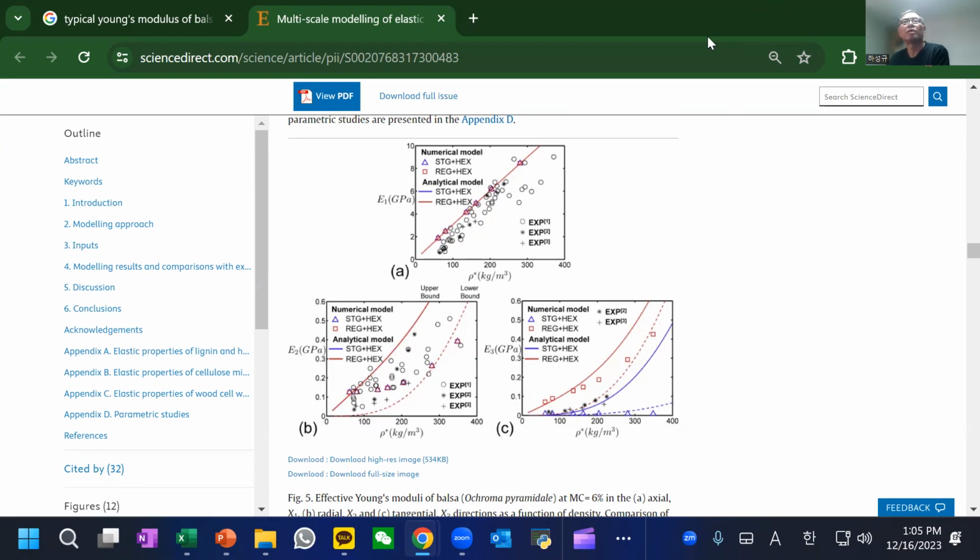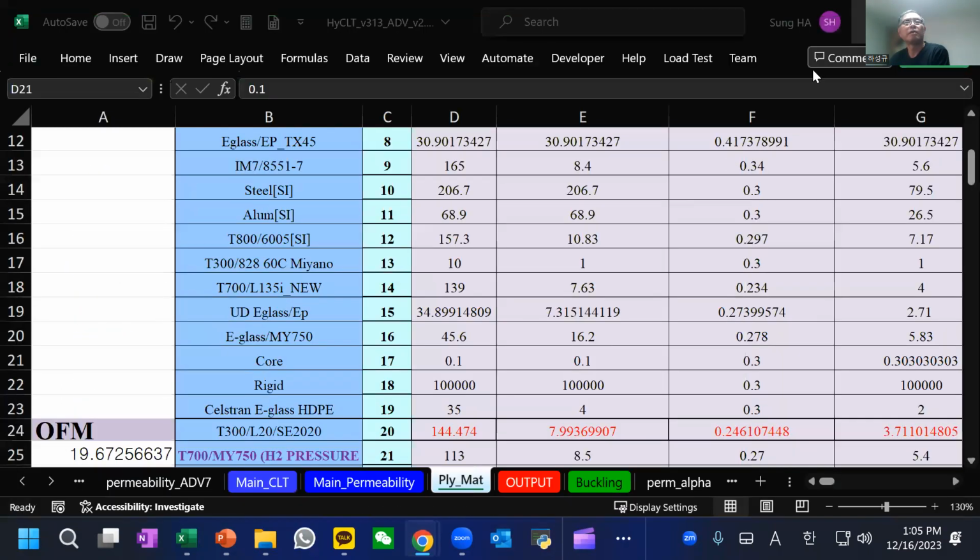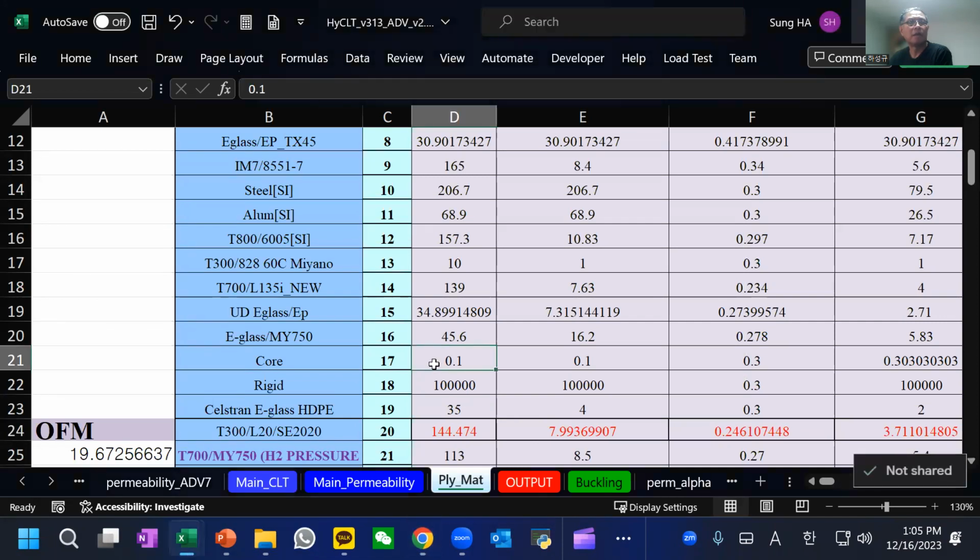So you can see that 0.1 is not a strange number. It can be one of the real values.